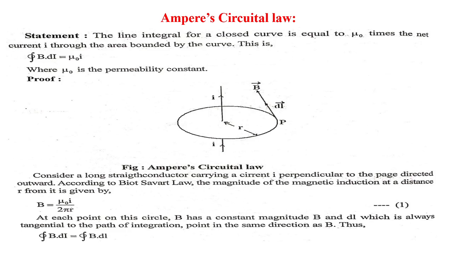Now see Ampere's circuital law. Scientist Andre Marie Ampere discovered a useful law that relates the net magnetic field along a closed loop to the electric current passing through the loop.